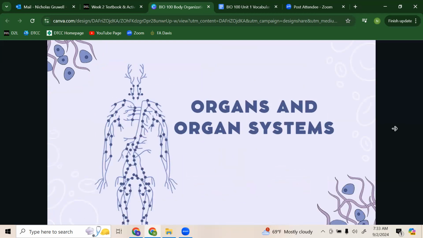Okay, we're going to do a quick highlight of organs and organ systems. So I don't expect you to know these organ systems in and out, or every organ that's a part of these organ systems. That is not necessary. We are just going to highlight some of the major functions, and your textbook reading within D2L also highlights this.